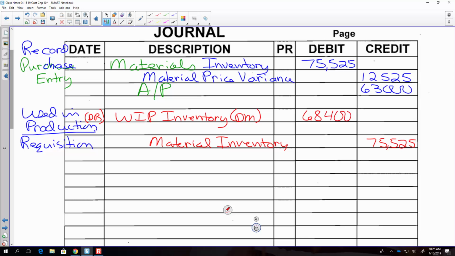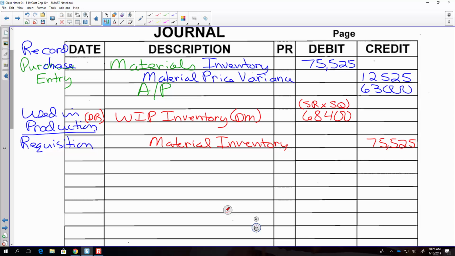And that's our farthest to the right. That's our standard rate times standard quantity allowed. Right? Please, for the test on the multiple choice questions, be sure you understand the lettering. What is SR? What is SQ?